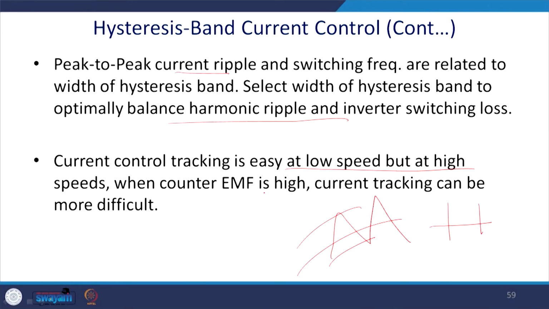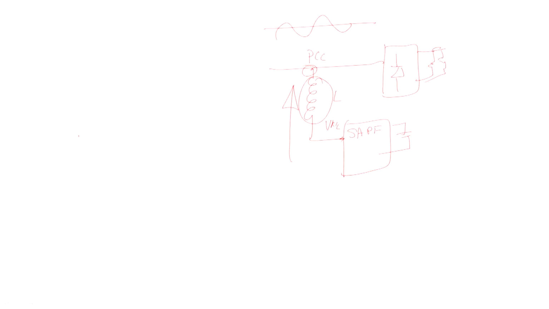Let us understand what this says. Let us switch over. Ultimately, L di/dt equals VDC by 2 minus Vm sin omega t.